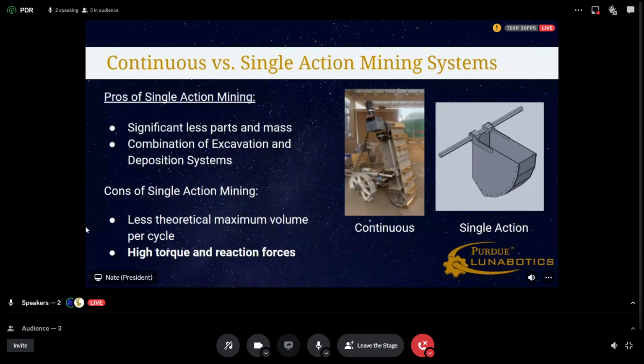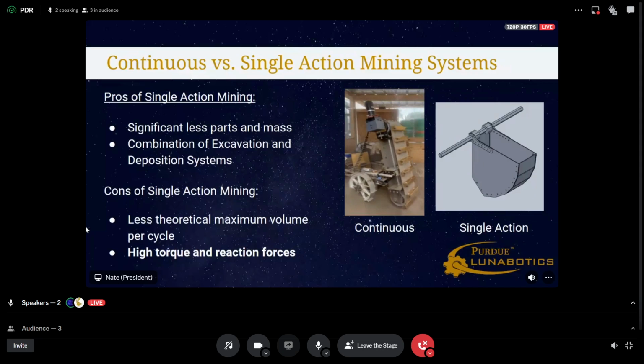Yeah, so to give some context here, at our last design review, we were evaluating between a trenching system and what we're calling a big scoop mechanism, basically a single action mining system without a deposition system. So over the last couple of weeks, we've sought to see how bad the cons of a single action mining system are.